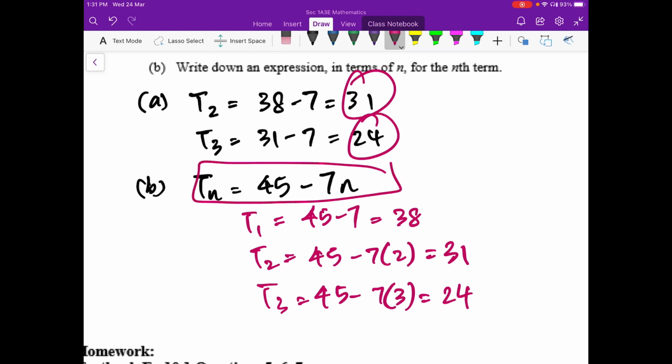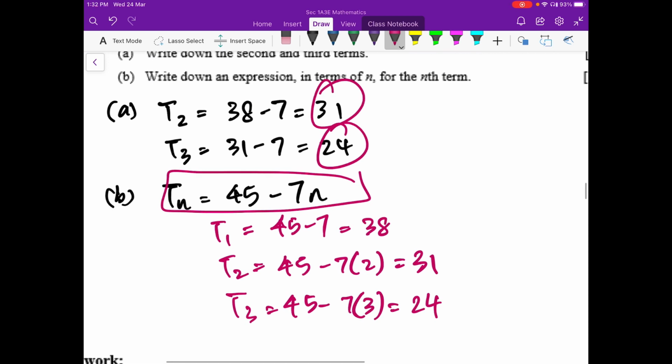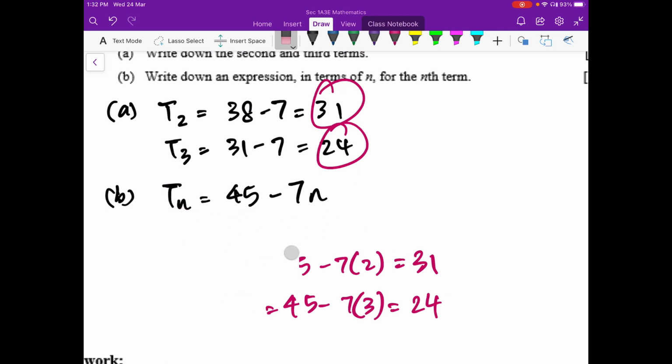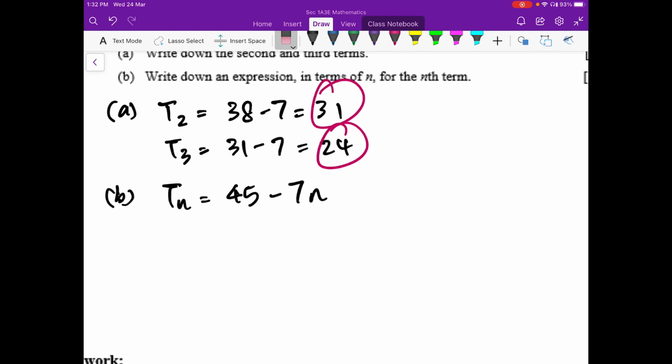But the question is, how do we get there? Okay, there is a common difference of 7. Then what do we do with that? Put it as the n. Right now what I'm trying to do with your class is find out how we can derive this formula.